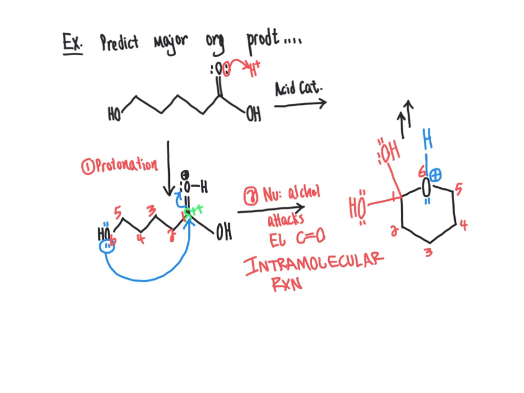But ultimately what's going to happen is that through a series of proton transfers, in other words, protonation and deprotonation steps, ultimately one of these 2 hydroxy groups is going to leave as water because it will become protonated and then break away. The other hydroxy group is going to become a carbonyl, and ultimately this proton in blue at oxygen number 6 leaves as well to give us an ester in our final product.